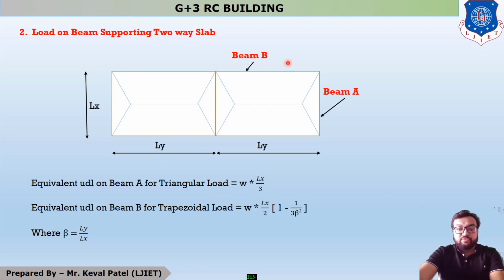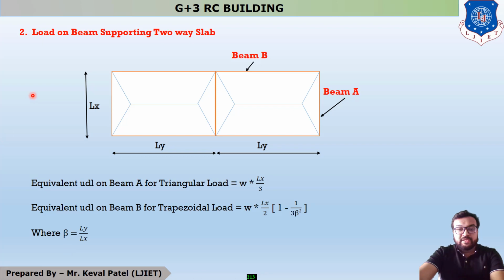And the equation for beam B, the trapezoidal load, is W into Lx by 2 into (1 minus 1 upon 3 beta square). Now W is the dead load and live load, as discussed in the last slide. Lx is always the shorter span. By 2 is constant. Now what is beta? Beta is the ratio of longer span to shorter span.